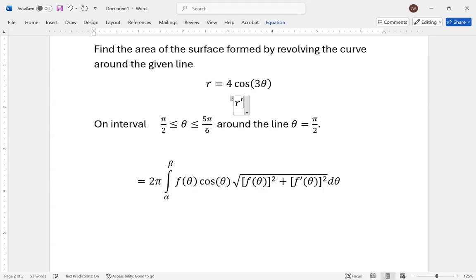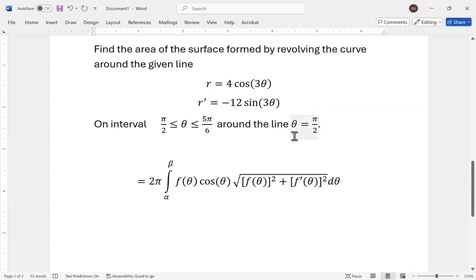Again, the only thing I have to do calculus-wise is take a derivative before I start integrating. If I take a derivative of cosine of 3 theta, I'm going to get negative 3 times the sine of 3 theta. So I end up with negative 12 times the sine of 3 theta as the derivative.